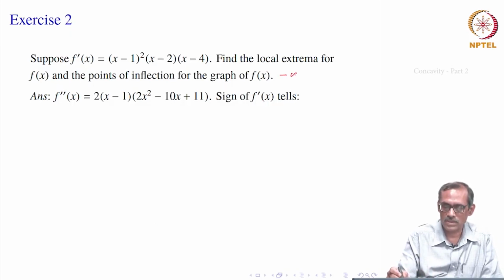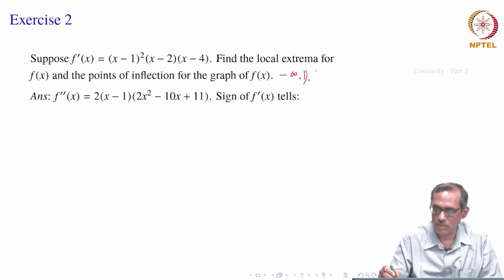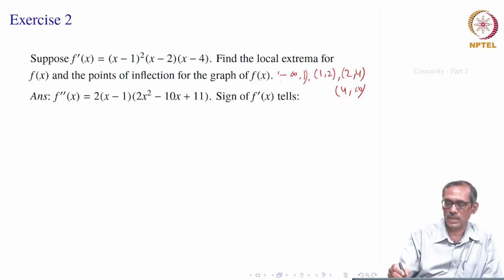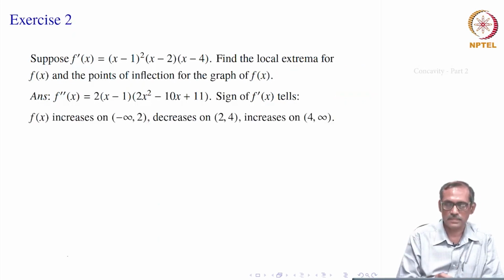Thinking of minus infinity to 1, there is one interval, another is from 1 to 2, another is from 2 to 4, and the last one is 4 to infinity. These are the intervals where we may think of computing the sign of f prime x.